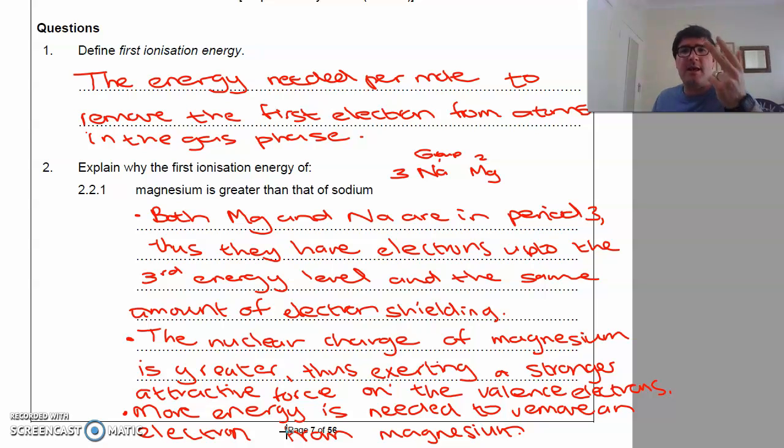What is the difference then? Magnesium has a greater nuclear charge, therefore it will exert a greater attractive force on the valence electrons, and more energy will be needed to remove that electron from an atom of magnesium. So there are 6 points that you need to address for a complete answer. So please work through this meticulously to make sure that you have all the points.